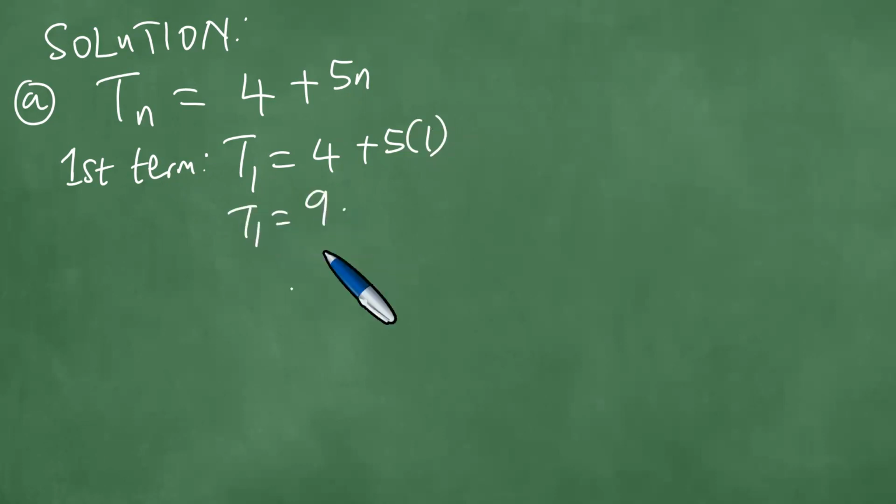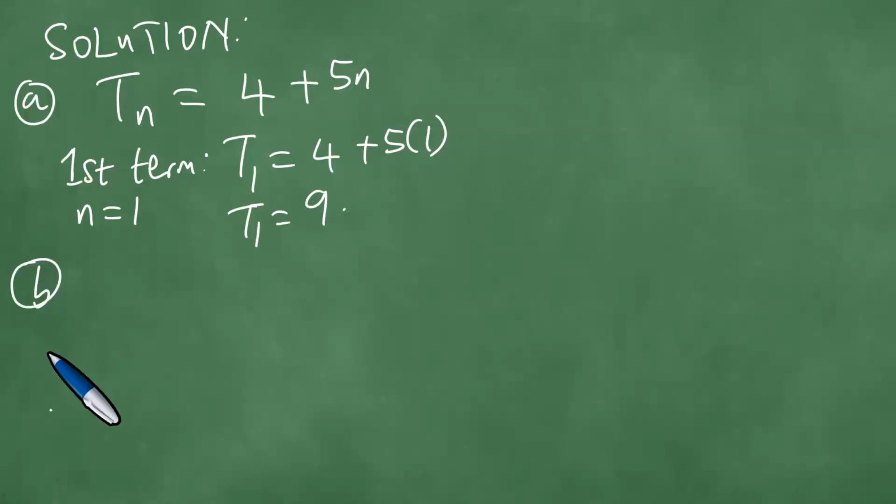So the first term means n is 1 in this. So we put 1 in the place of n. It becomes T sub 1 equals 4 plus 5 by 1.